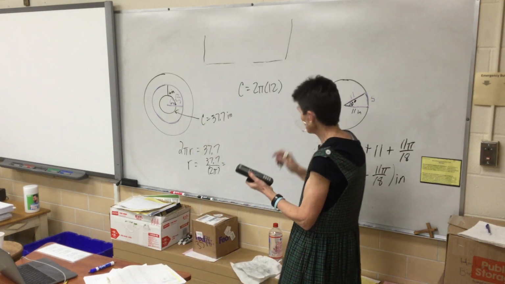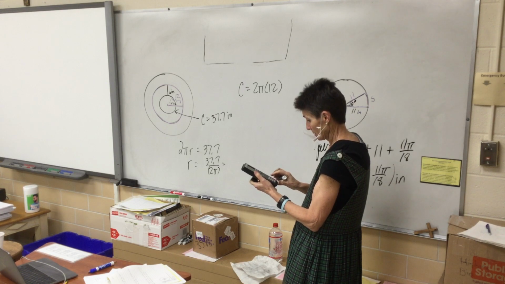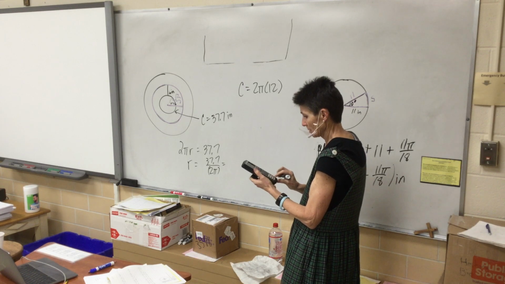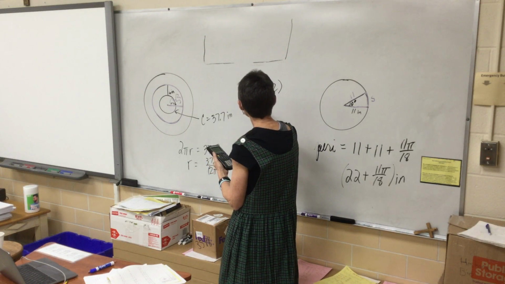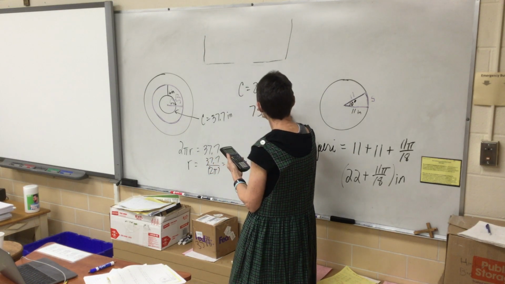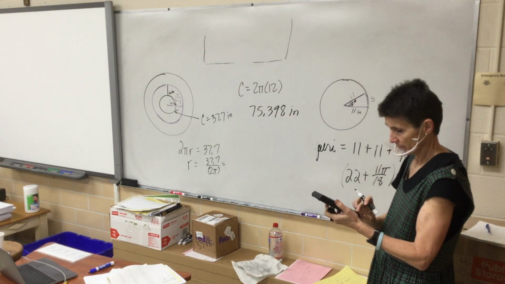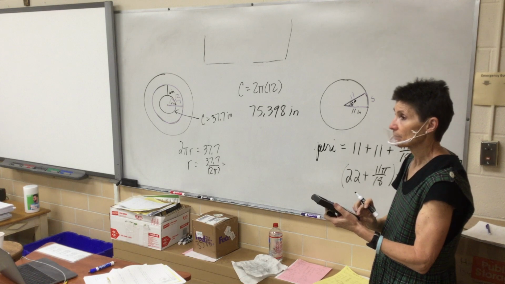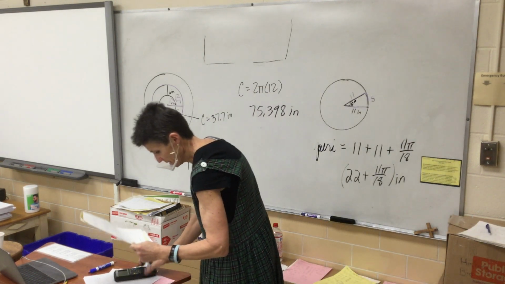So decimally speaking, what is that? 75.398. Is that right? Gosh, that wasn't as hard as I thought.